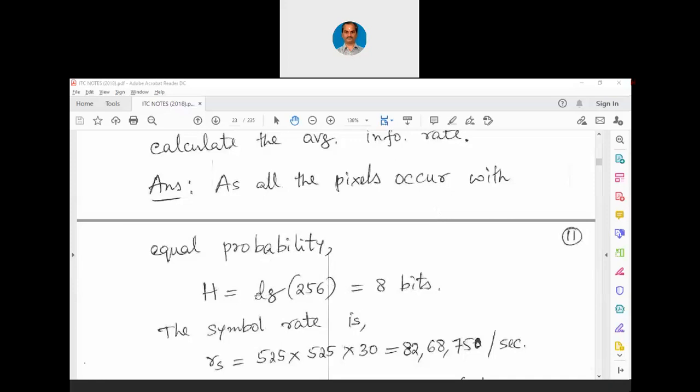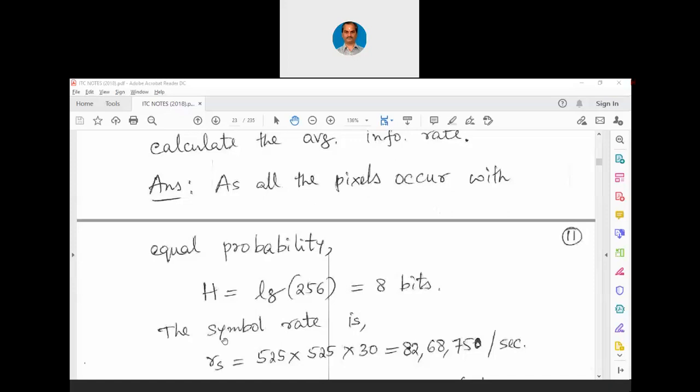We already know that maximum entropy can be log2 of M. So that is the formula used here. The pixels' probability cannot be specified separately because all are of equal probability. So H equals log2 of M, that is 8 bits.